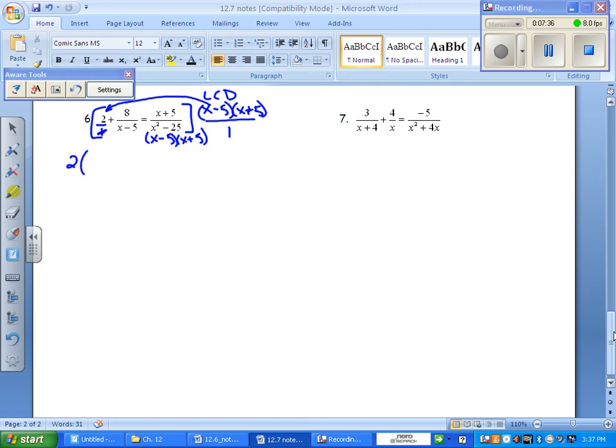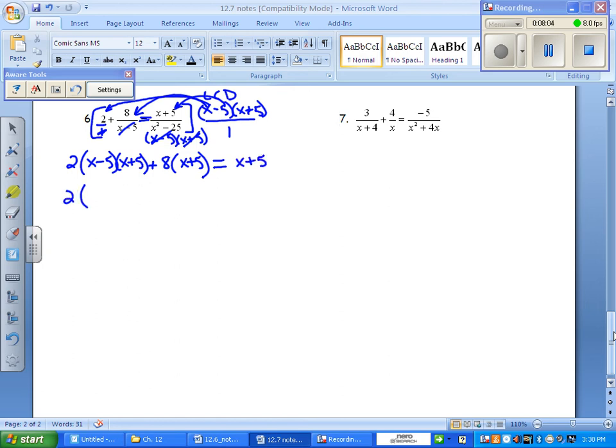So you have 2 and these quantities, x minus 5, x plus 5. Distribute that least common denominator to the second term, and the x minus 5's cancel. So you have this 8 in the numerator times the x plus 5 equals, distribute this to the other side, and both the x minus 5 and x plus 5 cancel, and you're left with an x plus 5.